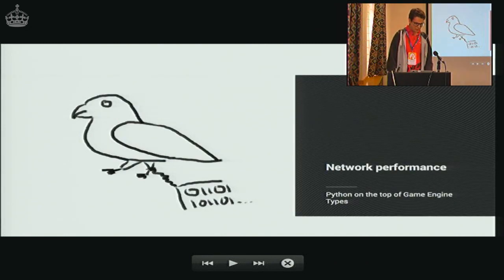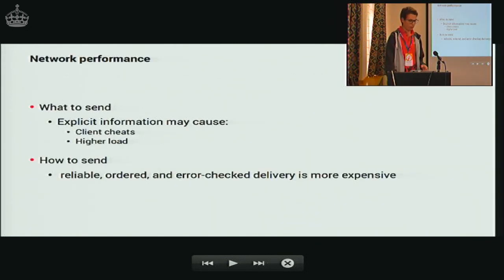So we discussed a few issues which can appear when we are using Python for a real-time application, and let's talk about network performance and network optimization. First of all, network is about sending packages, and we have to decide what we send and how we send. When we design such an application, we have to limit the information we send for two reasons.